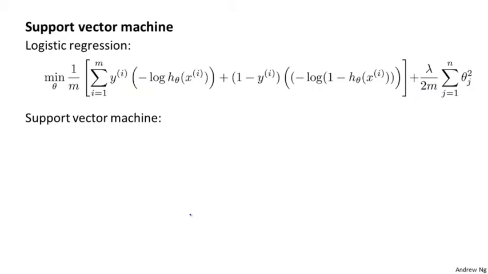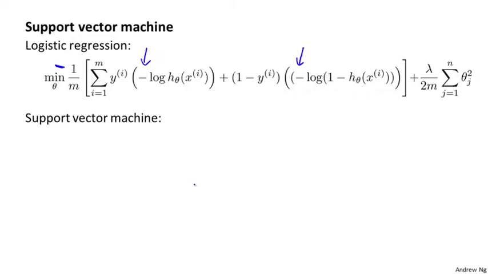Here's the cost function J of theta that we had for logistic regression. In case this equation looks a bit unfamiliar, it's because previously we had a minus sign outside, but here what I did was I instead moved the minus signs inside this expression. So it just makes it look a little bit different.